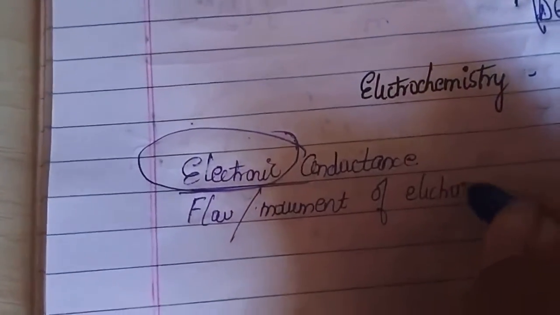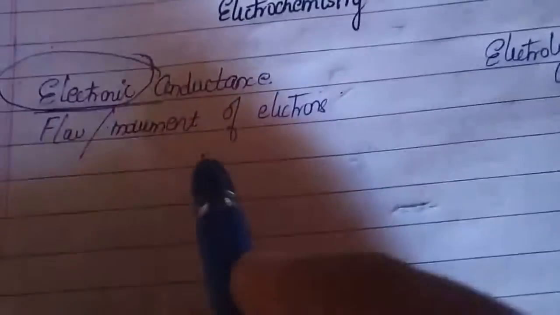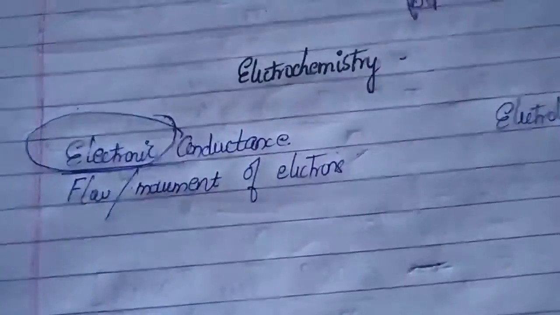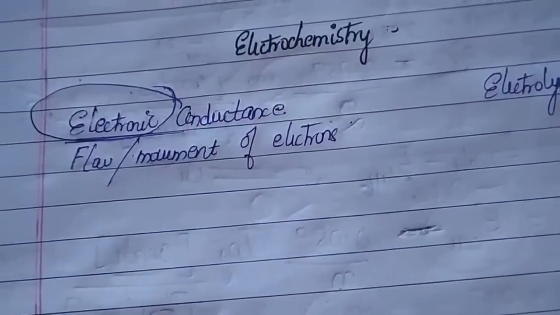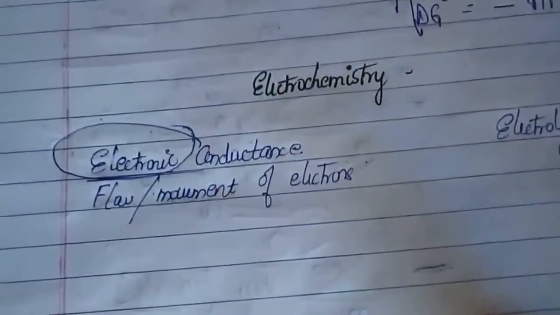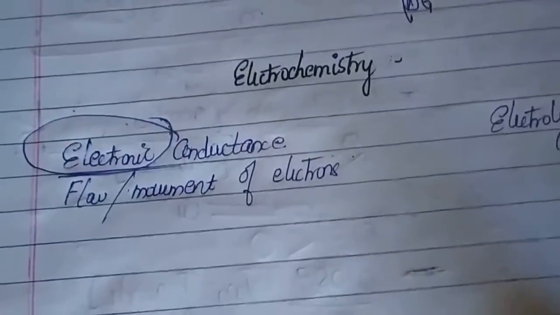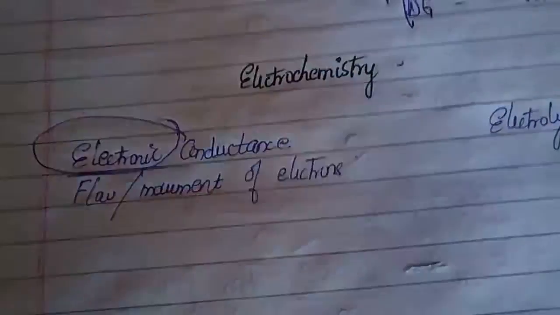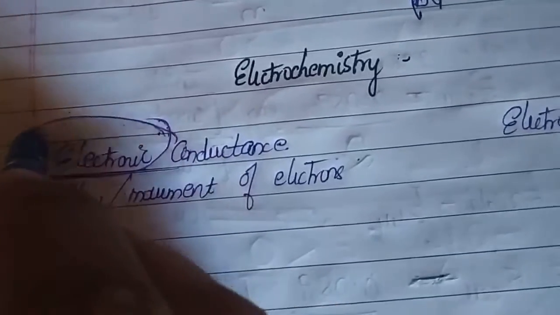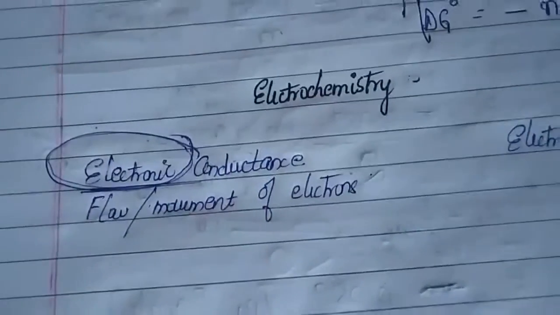Whenever conductance is observed due to the movement of electrons, such conductance is called electronic conductance.